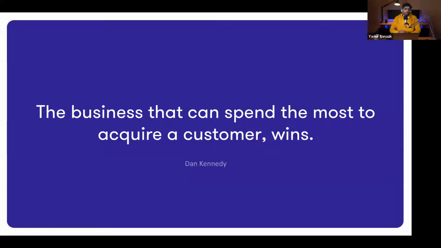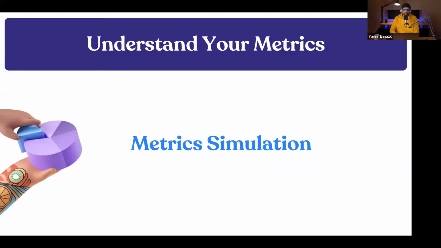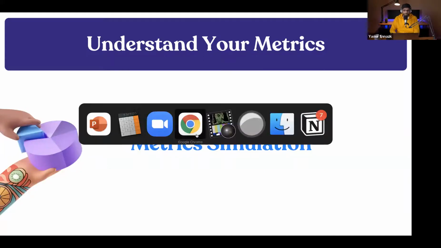If you are able to increase your maximum cost of goods sold, you'll be more competitive in advertising. And that's exactly what this quote says, and we will demonstrate that in the metrics simulator in a second. All right, so let's jump into Google Sheets.